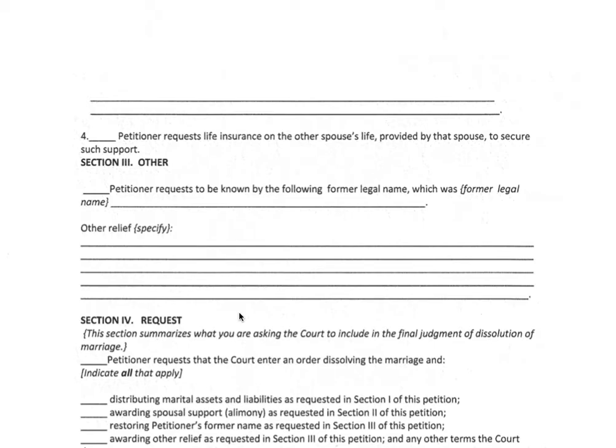And then number 4 is talking about the life insurance. So if the court orders alimony, you can ask the other person that is paying the alimony to obtain some type of life insurance so that if they pass away, there's some money coming to you. Because if they pass away and you're receiving alimony, you will no longer be receiving that money.